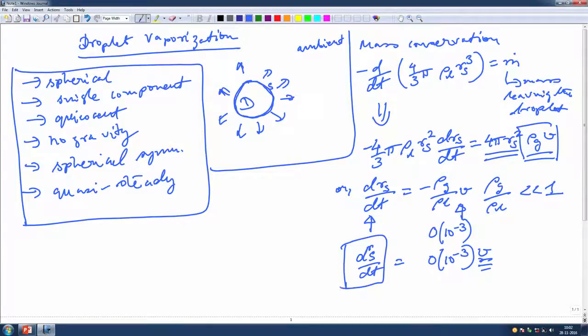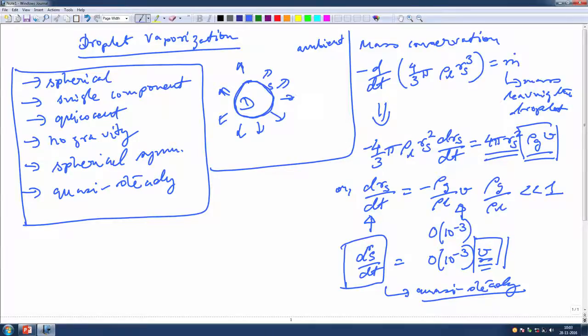This is what we established last class also. It means that the regression of the droplet diameter is very slow compared to the diffusive flux. In that case, this justifies our quasi steady assumption. You already knew, this is another proof that we have shown here, got it.